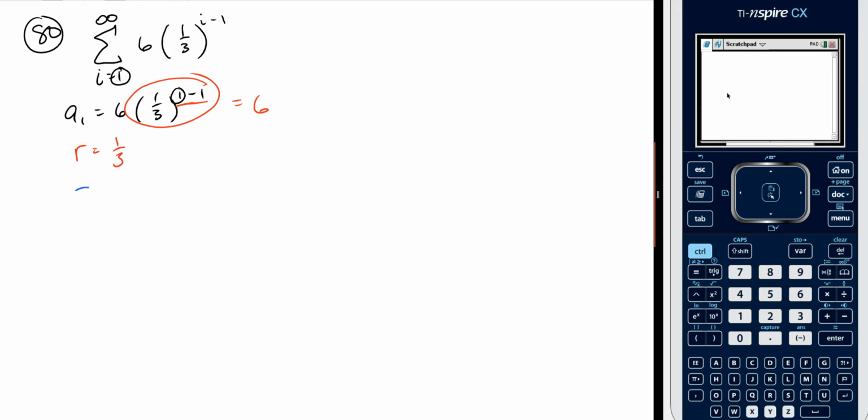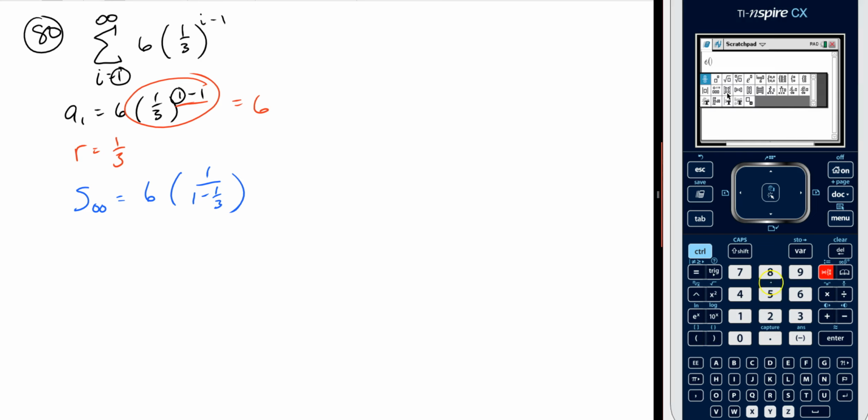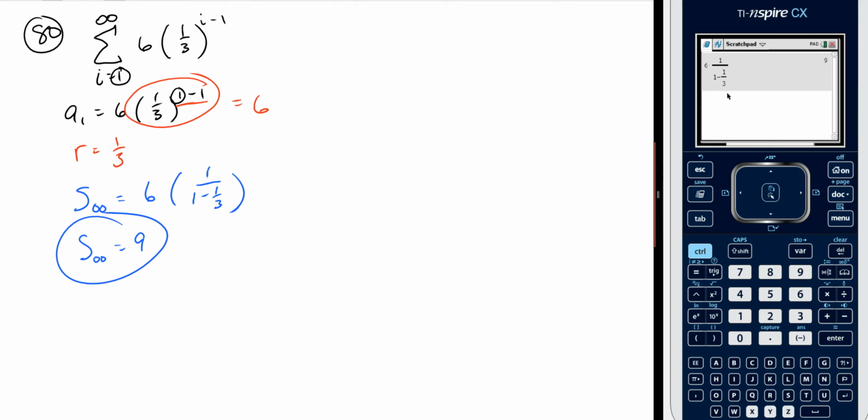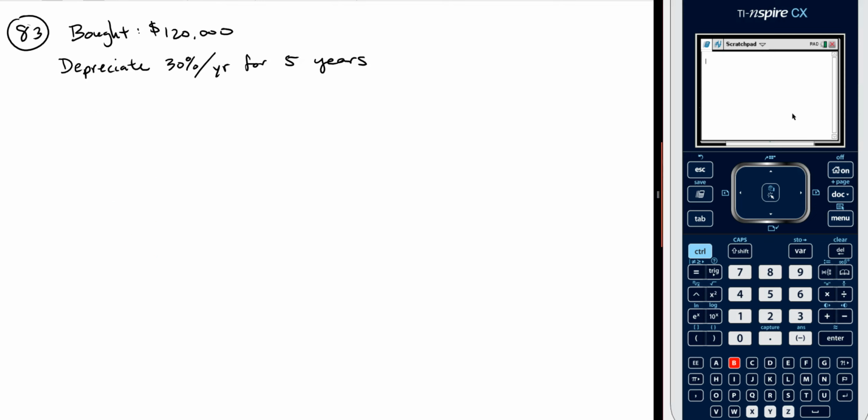So my sum to infinity is 6 times 1 over 1 minus 1/3. So in the calculator, I've got 6 times 1 over 1 minus 1/3. And I get a sum of 9.